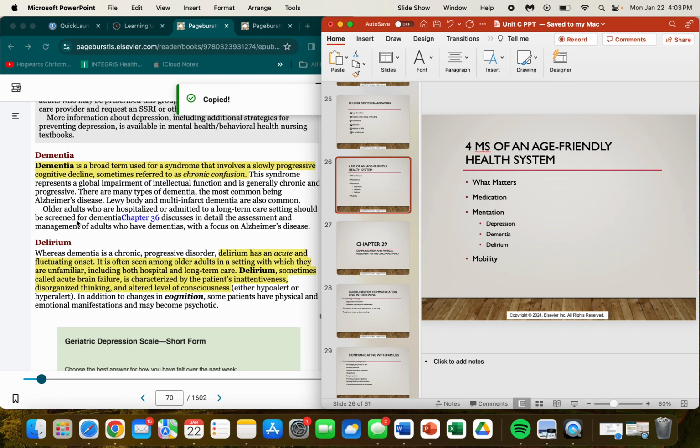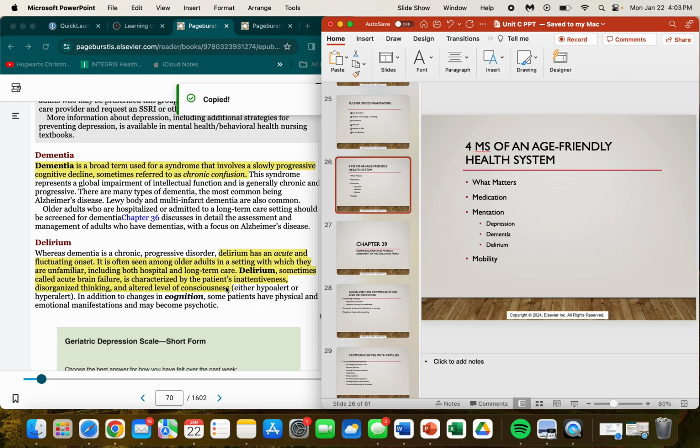Dementia is a broad term used for a syndrome of slowly progressive cognitive decline, sometimes referred to as chronic confusion. And delirium has an acute onset and is often seen in older adults. So the difference between these two is that this is chronic, and this one is acute.